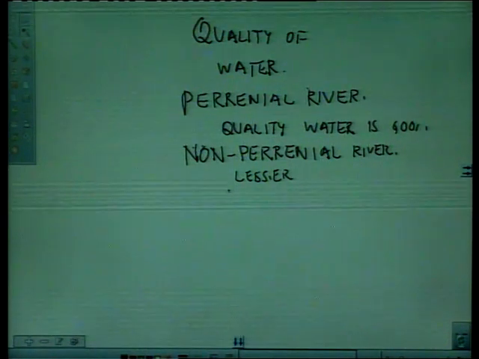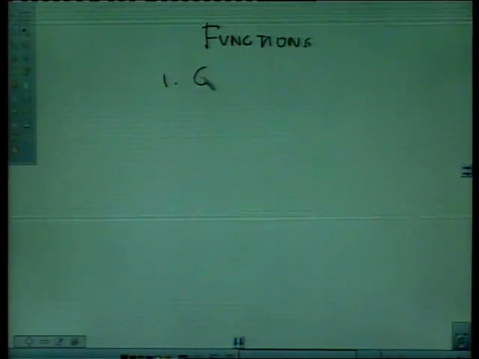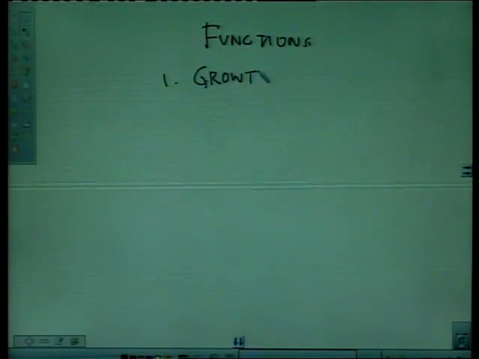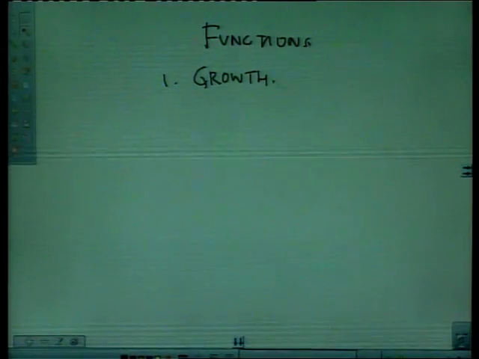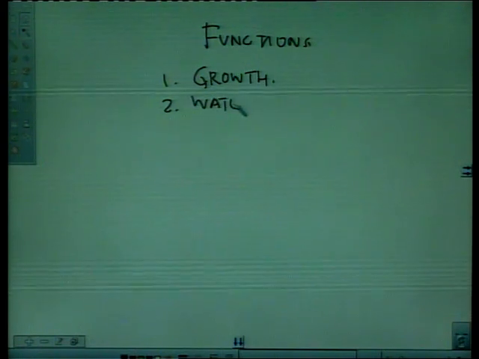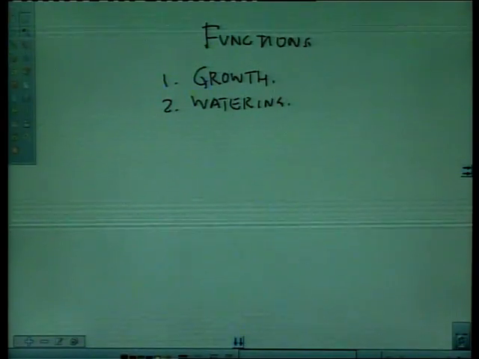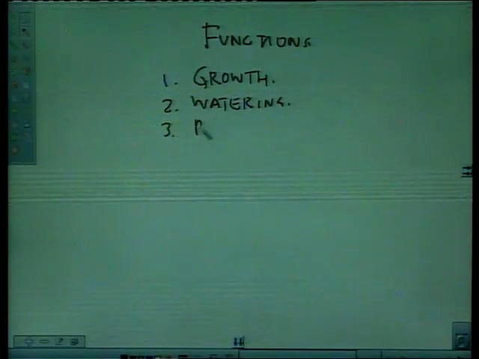Then we have functions of irrigation. The main function of irrigation water, number 1, is that it is essential for growth of a new seed. It gives water to different parts of the plant. It gives stability to the plant. So, plants are healthy.